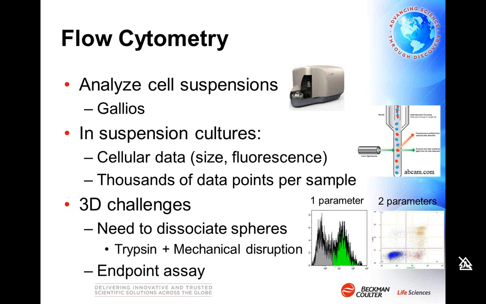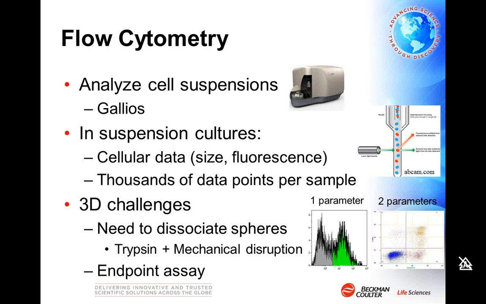The nice thing about this is that you can get cellular data as the cells pass in a single file through a laser, and you can get cell size and cell fluorescence, depending on whatever markers you've stained for, even upwards of multiplexing 10 different fluorescence colors. So you can get thousands of data points per sample just looking at one cell at a time in a very short time.